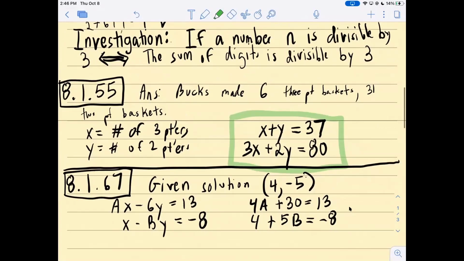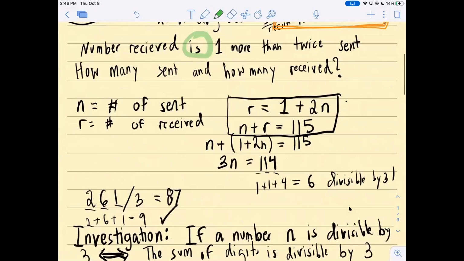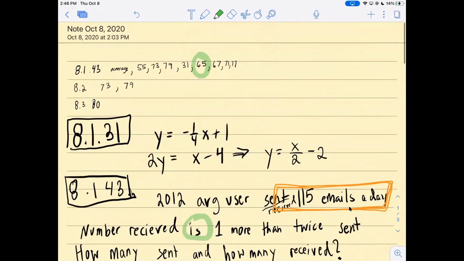Okay, now let's move forward to 8.2. Let me look at those problems. 8.2, number 73 and 79.